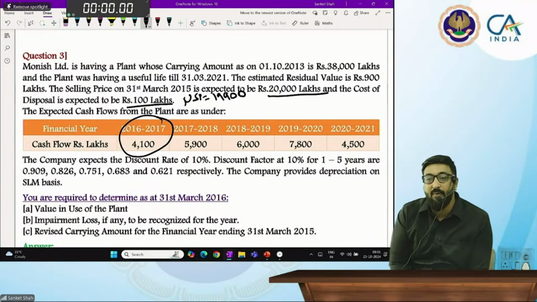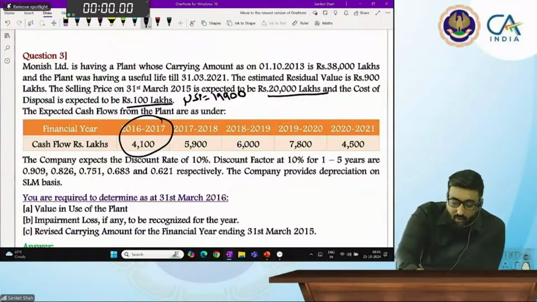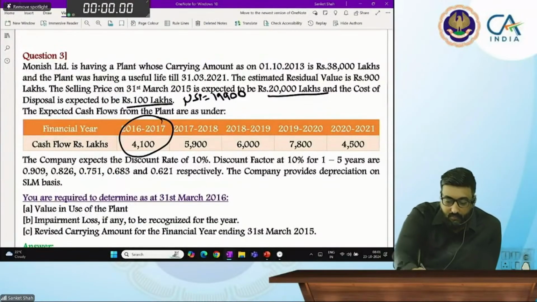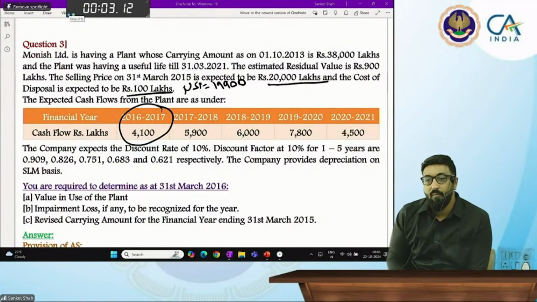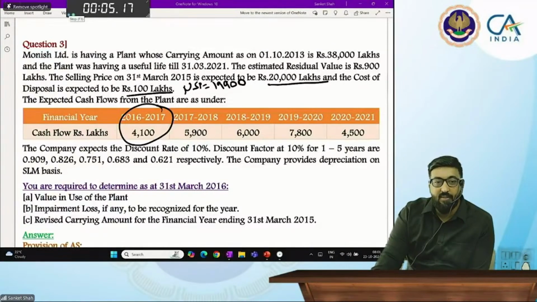Now, what is the difference in this question? And last question, the similar question. 3 minutes I am giving you. Okay, 3 minutes. ठीक है, चलो करो calculate. You have only 3 minutes. Yes, present value you have to find it out. Value in use.